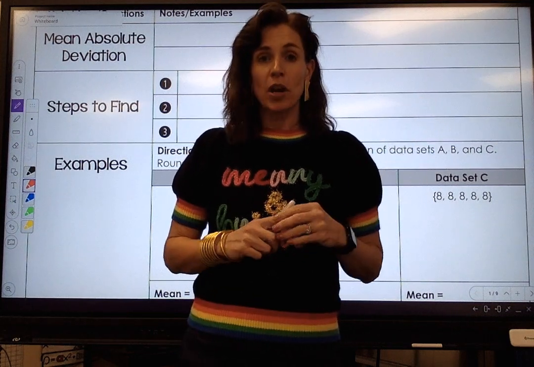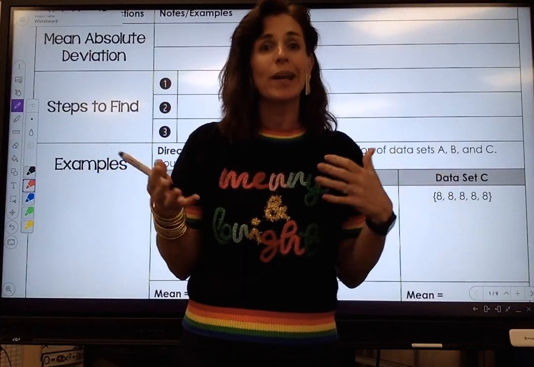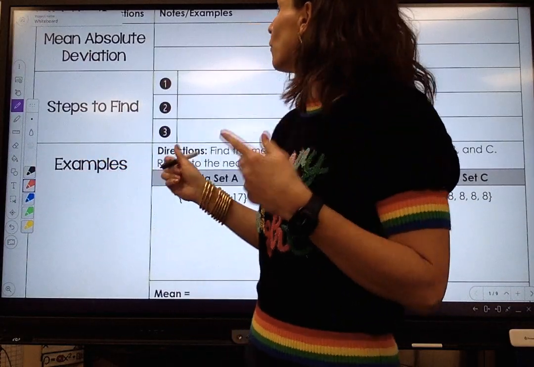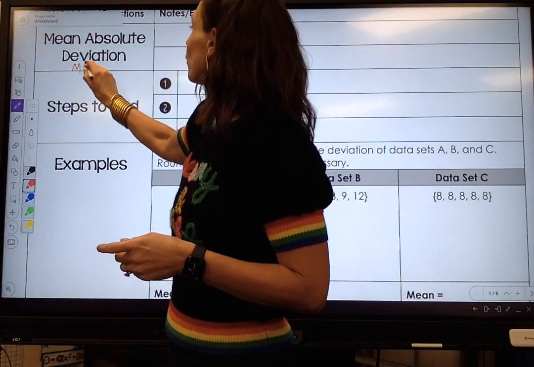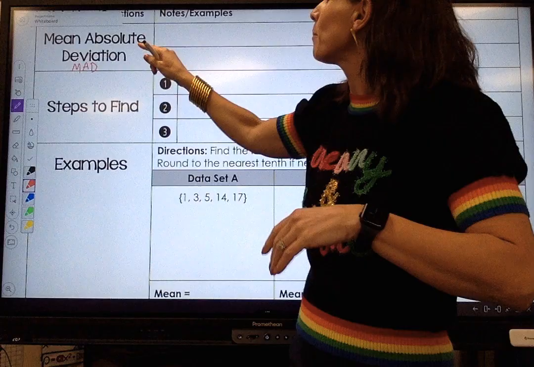Okay, today we're going to be talking about mean absolute deviation. But before we get started, we got to know what it means. So first of all, you're going to use this abbreviation a lot because you don't want to write it all out. So mean absolute deviation.